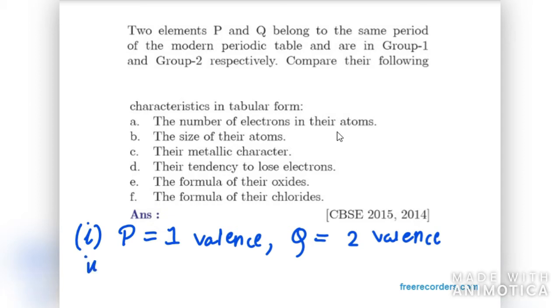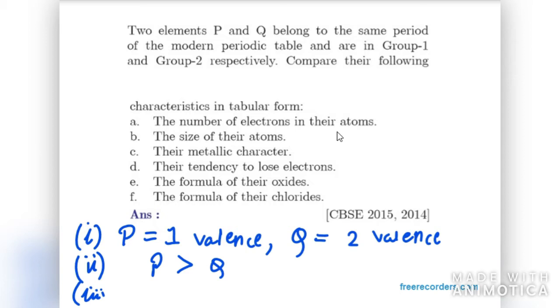Why? Because it depends on the number of electrons we have. As P has fewer electrons in the outermost shell, there will be less binding. Sorry, P has a bigger size than Q. Then the third, their metallic character.